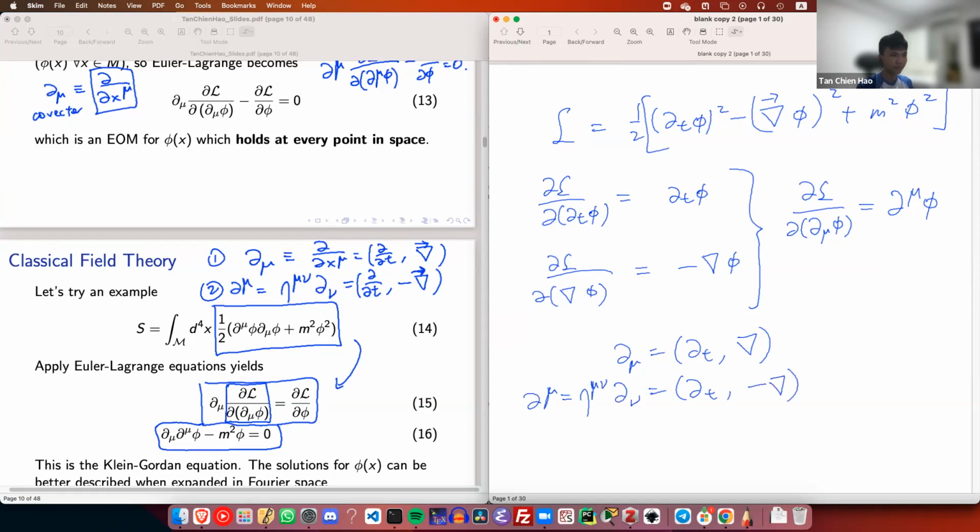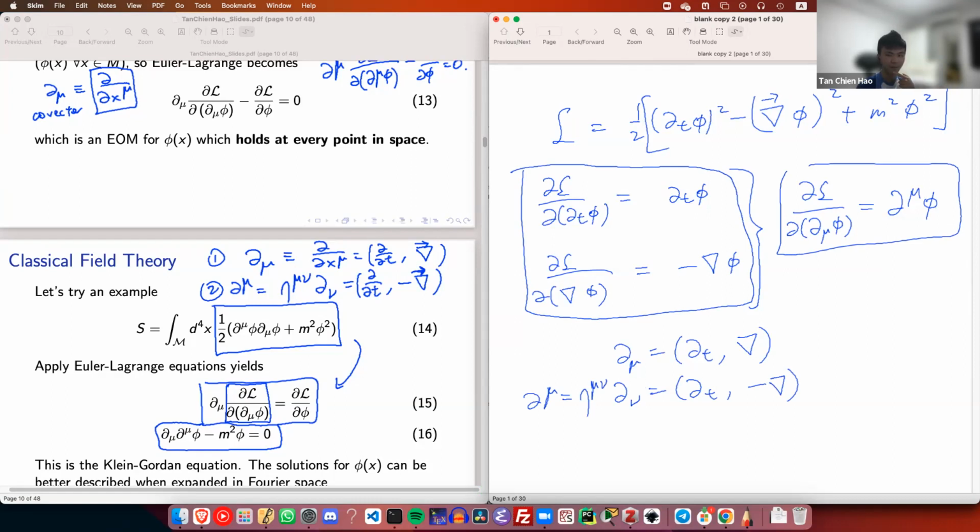So from these two, derived very manually by going through each coordinate at a time, I can write it in a more compact form. Everyone clear? Anyone lost? This is just a notational convenience.